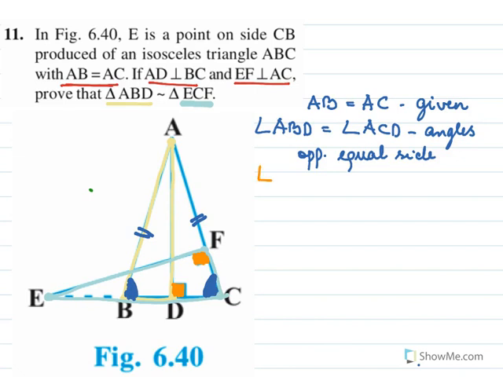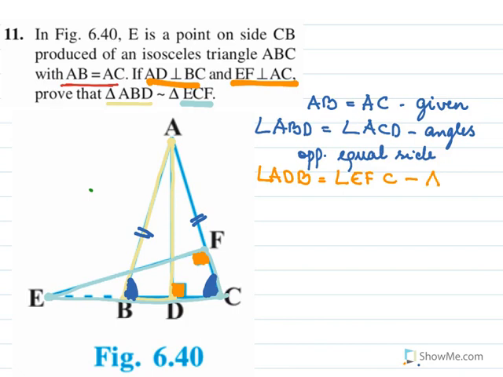So we have angle ADB is equal to angle EFC, and the reason is this: AD perpendicular to BC, EF perpendicular to AC.